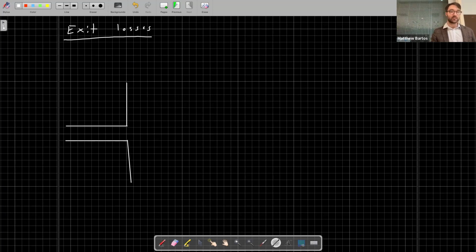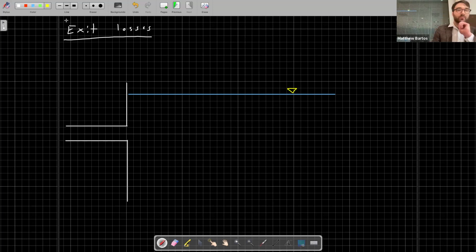So we have a pipe coming into a reservoir. We have some velocity u in the pipe. And as the water enters the reservoir, again, you get this divergence in the streamlines and some turbulence forming at the wall.